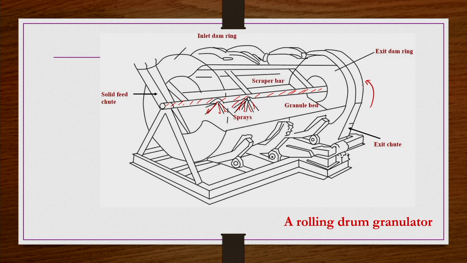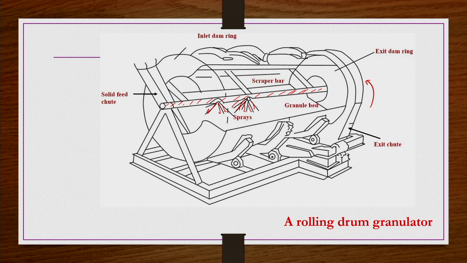Let us say that it rotates in this particular direction. Then mixing of these binders and the fine particles will take place, and these fine particles will form a kind of nuclei granules. These granule nuclei further coalesce and form bigger size particles. That process takes place inside the drum.